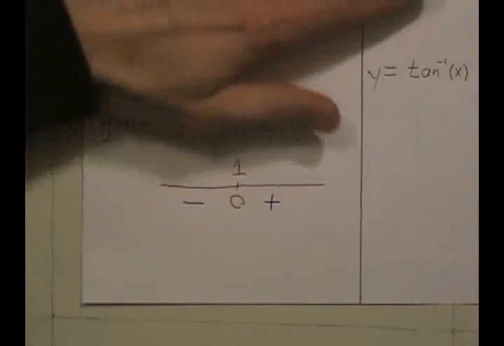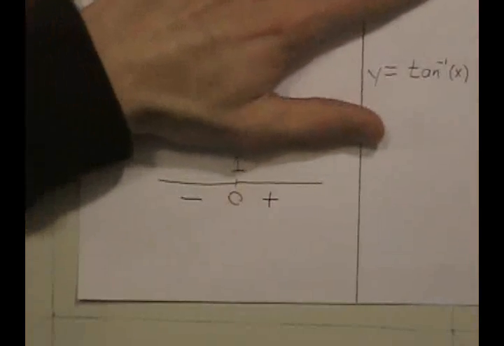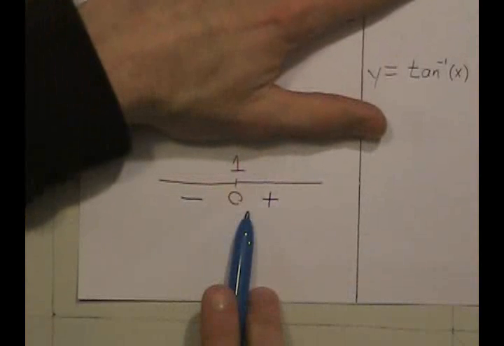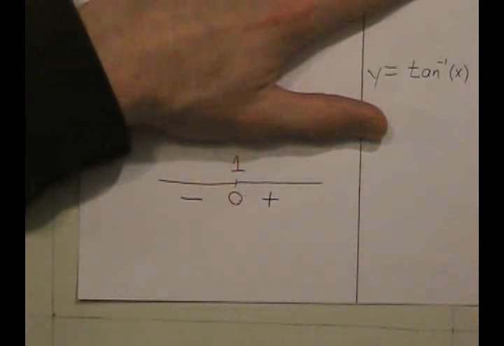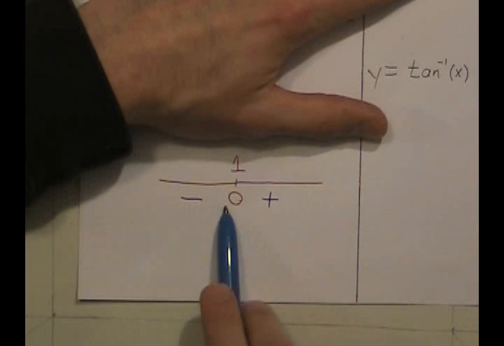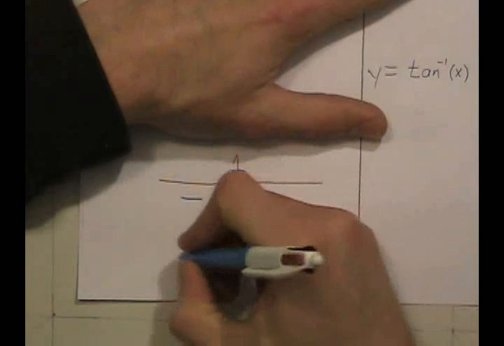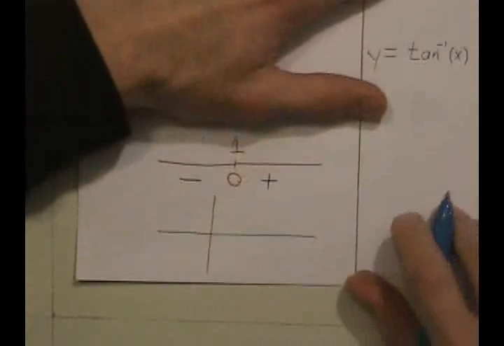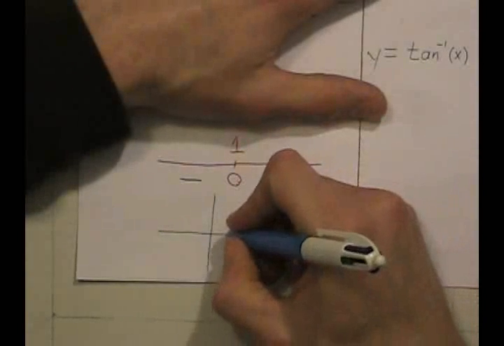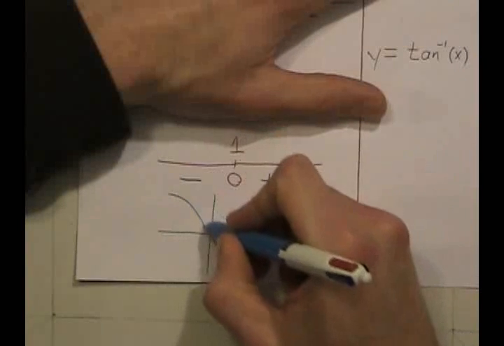If I give you this sign chart for the derivative of some unspecified function, you really don't have any idea what it could look like. All that you can tell is that it's decreasing here and then increasing here, and that could mean a lot of things. Let me make up a function that has these properties. If this is 1, it could look like anything. It could look like this.